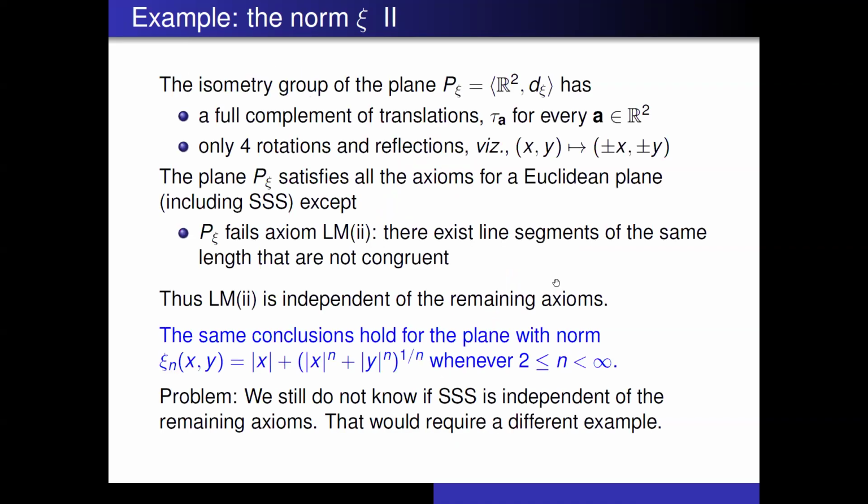And now what we've done with the plus absolute value of x is you can do x, y goes to plus or minus x, plus or minus y, but not plus or minus y, plus or minus x. You've destroyed that. So the isometry group still has all the translations, but now there are only 4 rotations and reflections fixing the origin.